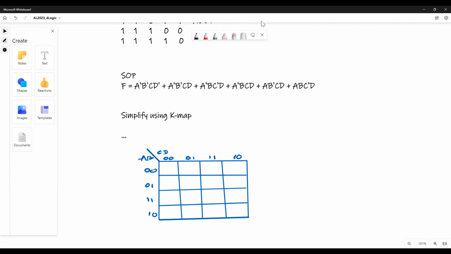So now we can write down what we have here.